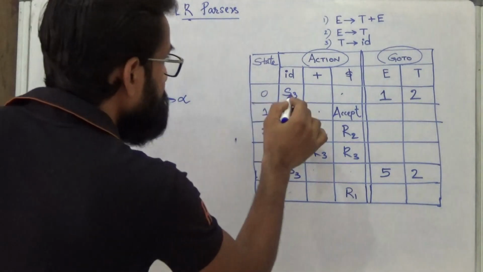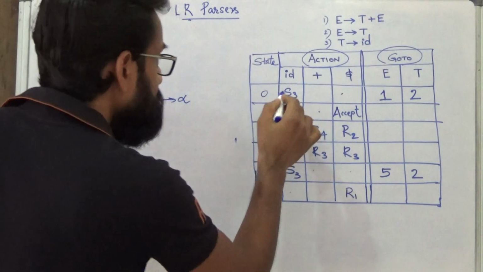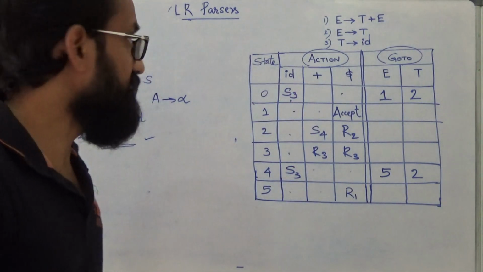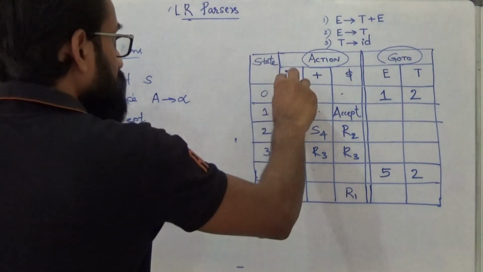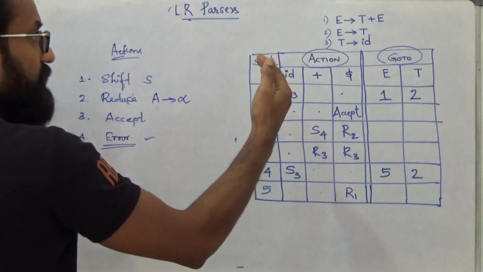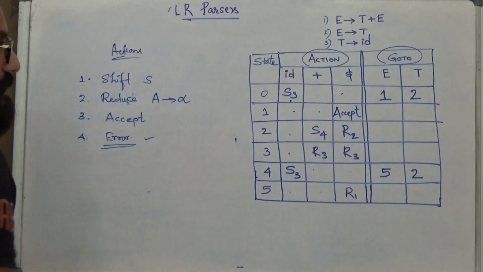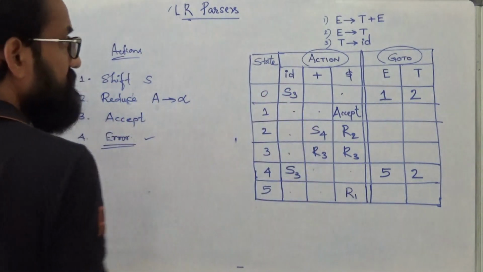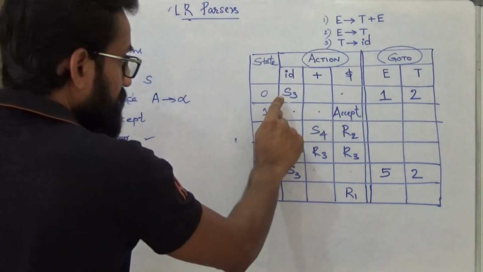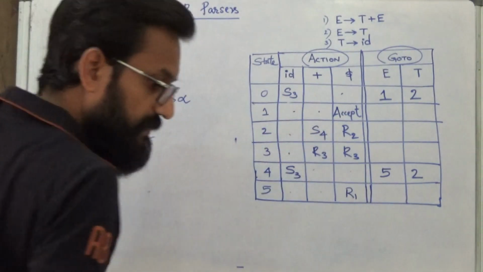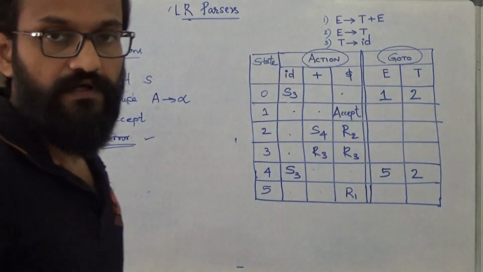And if it accesses a location with S, this S stands for a shift operation. It will shift the current input into the stack along with the corresponding state. So S stands for shift and 3 represents the state.